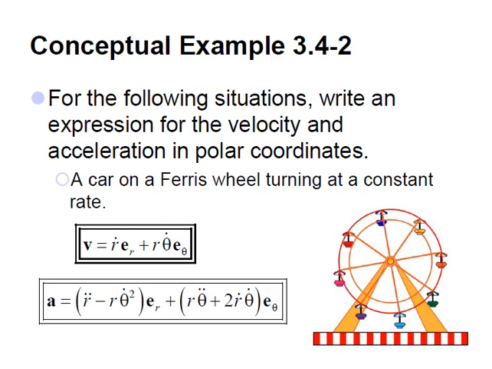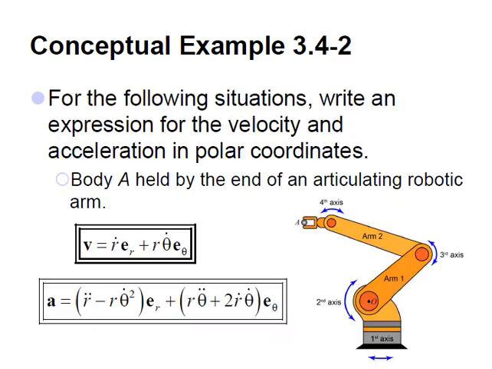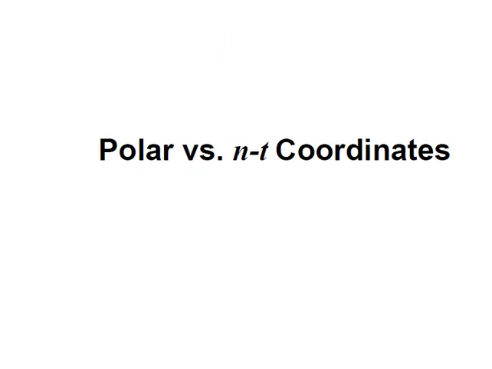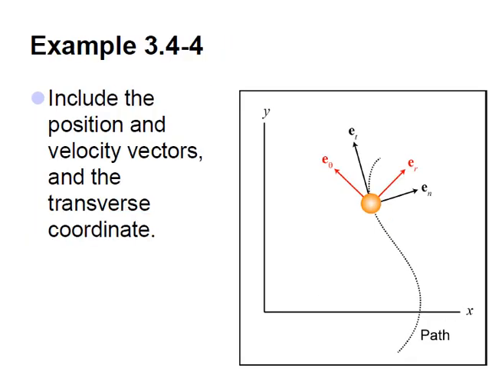This is where we study, and I'm just showing you, there's a robotic arm. It's very, very important, and that can only be determined by the polar coordinates. So if you want to go in the robotic direction, you have to do this, and n-t, and understand the difference between them. Right now in this course, you don't need it.